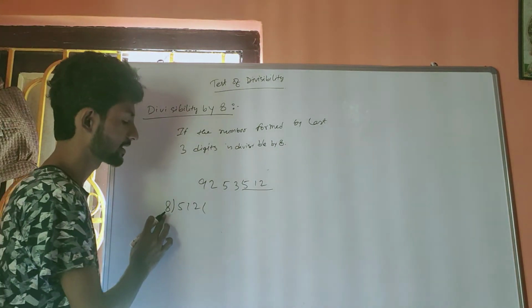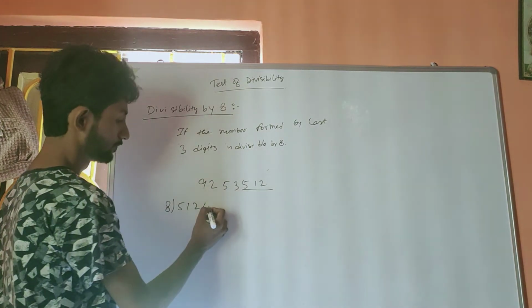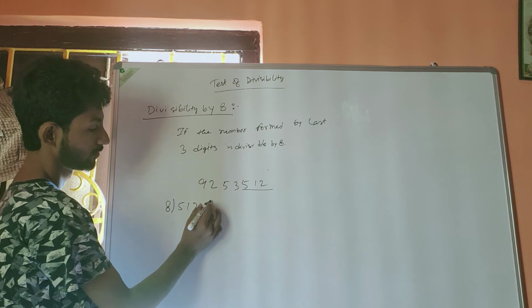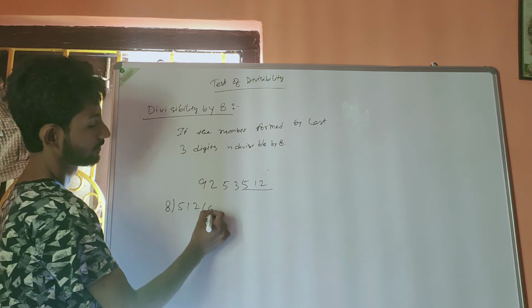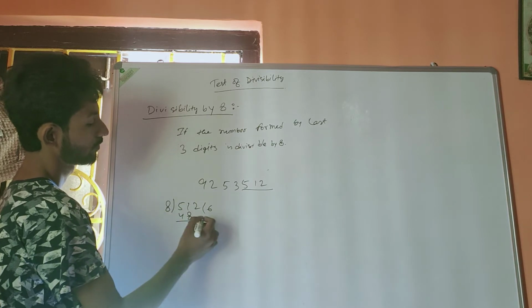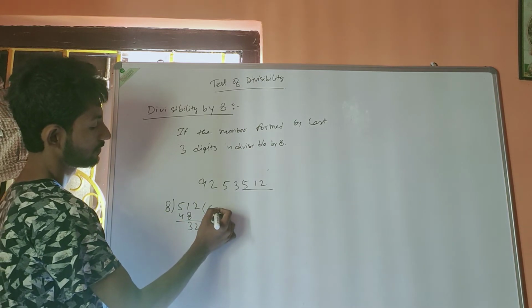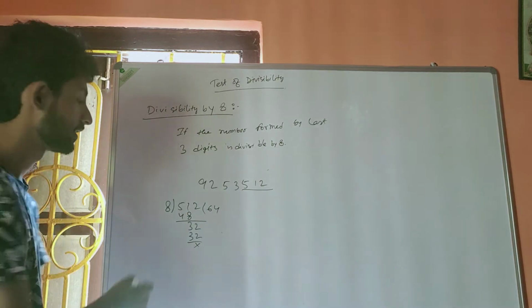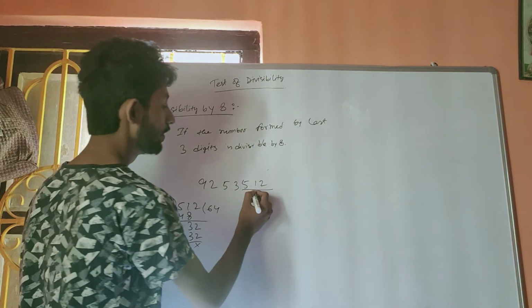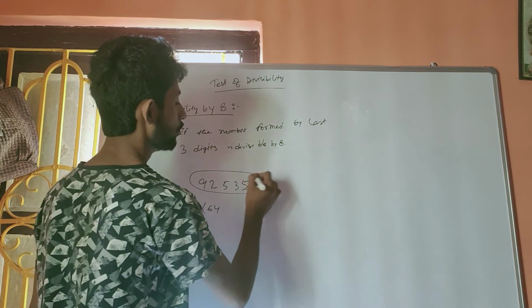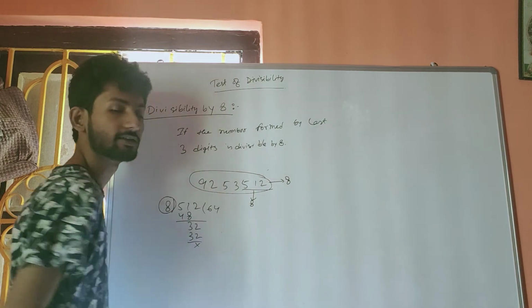So in that case, divide by 8. It will be 48, 32. Is it divisible? It is divisible. So 512 is divisible by 8. So the whole number will be divisible by 8. Is it clear?